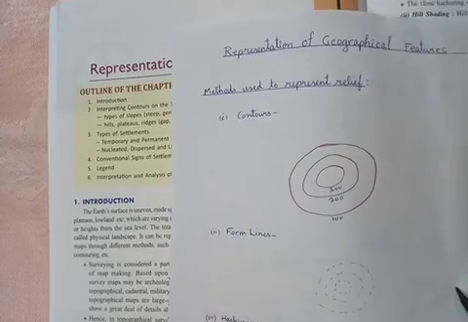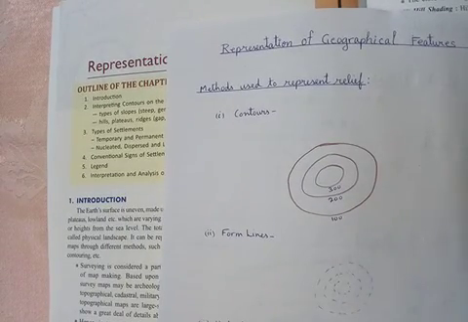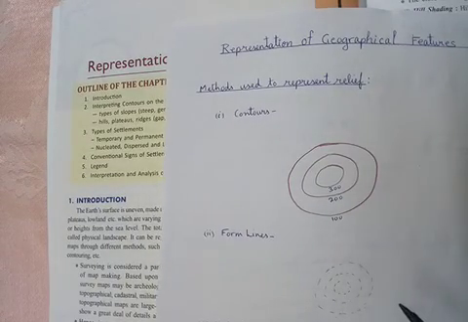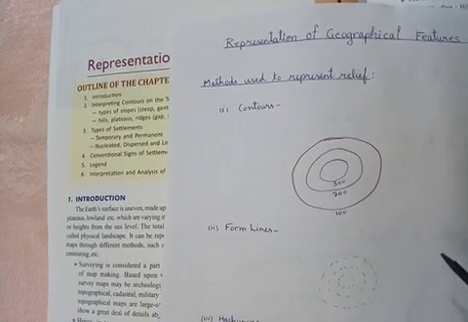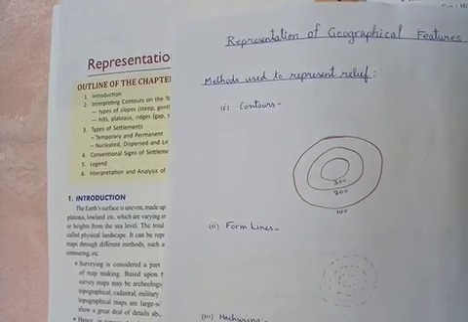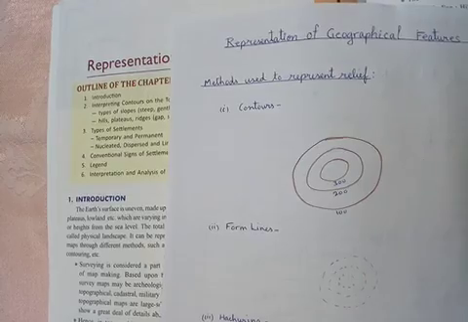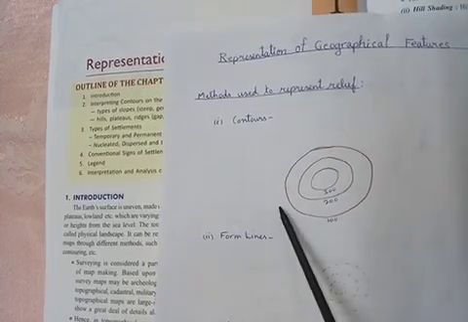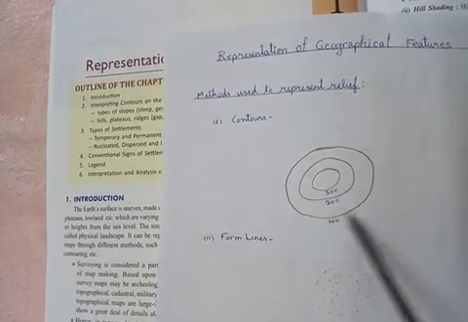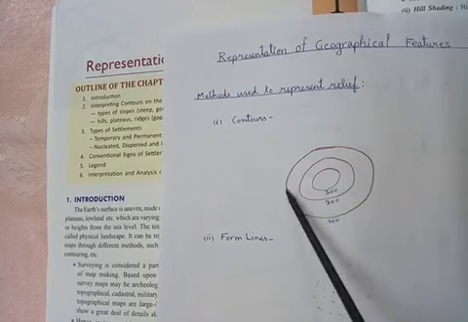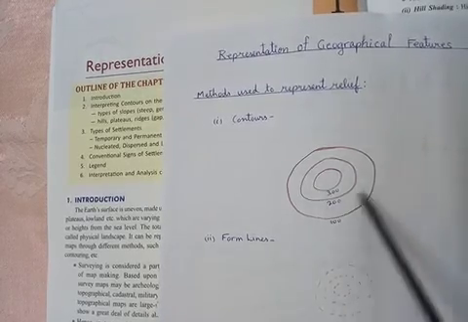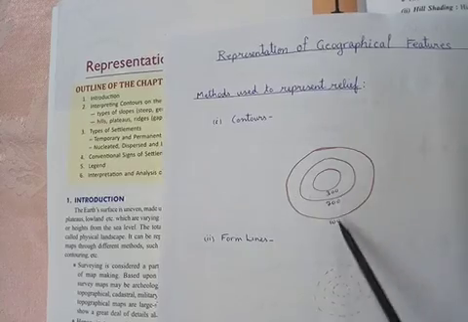Here you can find the methods by which the relief features are represented on contour maps or topographical maps. The first thing you can see here are the brown lines. These brown lines show contours. As you can find here, numbers are written.